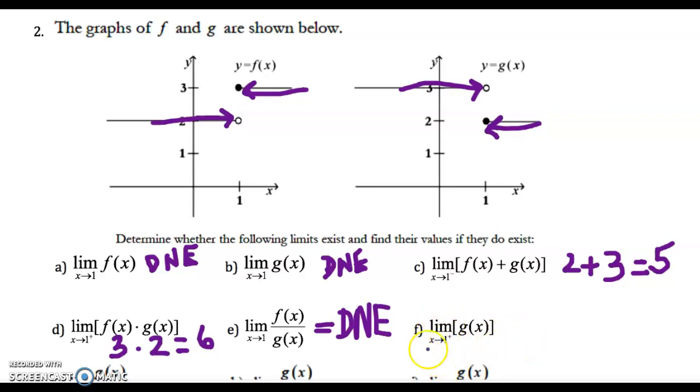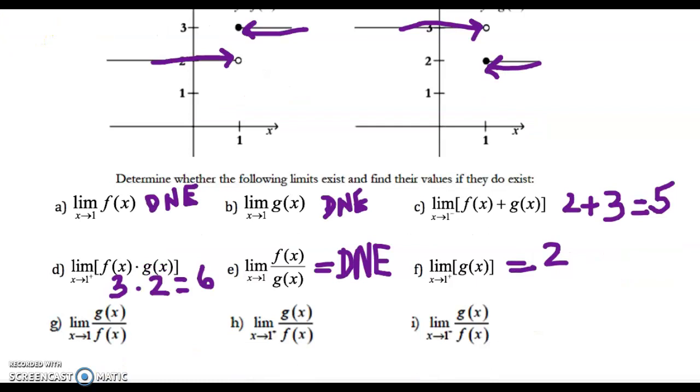This is asking for the limit as x approaches 1 from the positive side of g of x. So here we go, as x approaches 1 from the positive side, g of x is simply equal to 2. And now it's asking us for the limit as x approaches 1 of g of x divided by f of x.